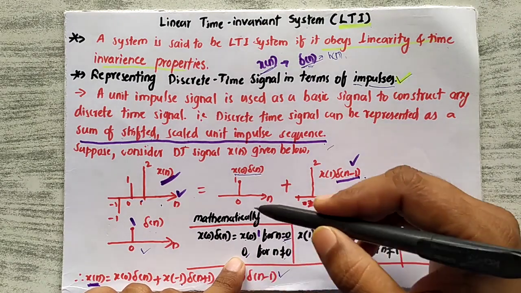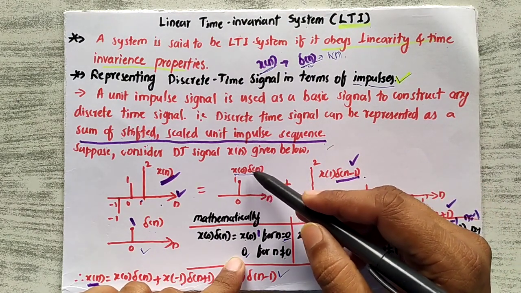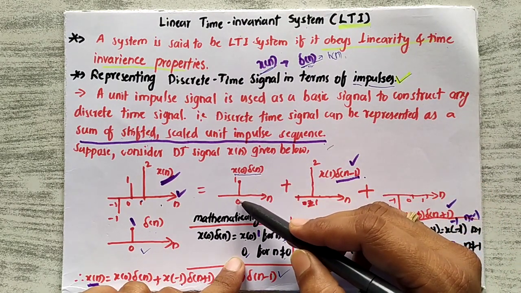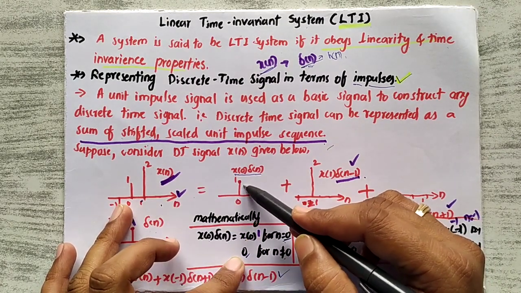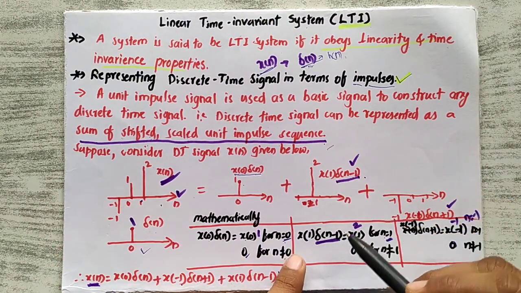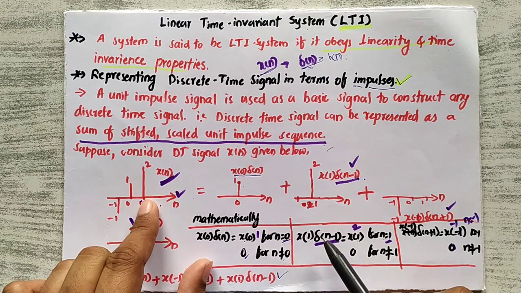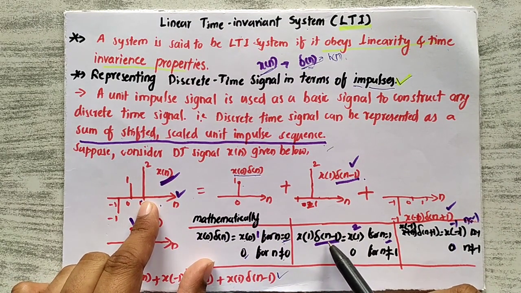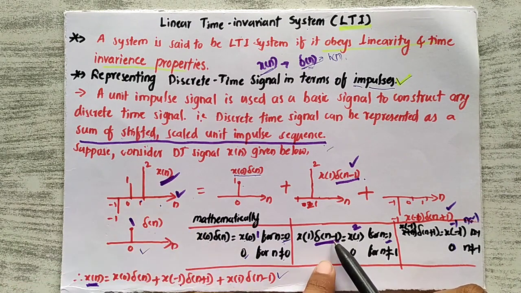Graphically you can represent that signal x of 0 delta n as x of 0 only, because x of 0 here is 1, so here also 1 will come. Similarly in the second part we can write x of 1, because the signal exists at 1, into delta n minus 1. Here n minus 1 is the shifted impulse signal.